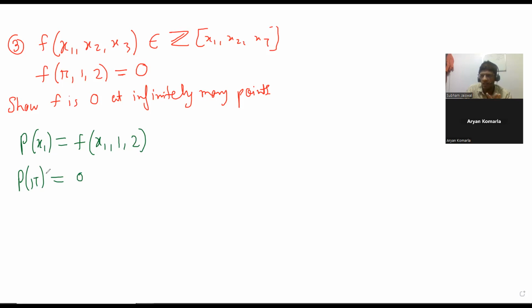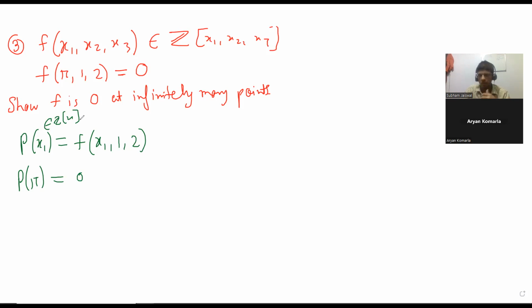Yes, you just write that p of x1 is also in integer coefficients, and p of pi is 0, and so it must be the 0 polynomial. Then for any x1 you put, f will be 0.